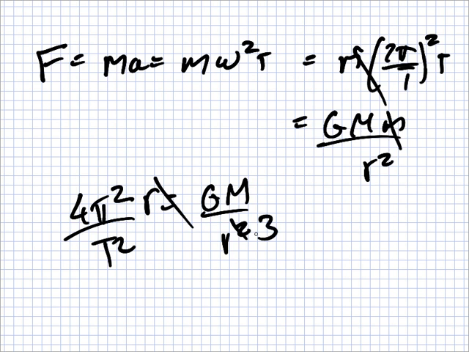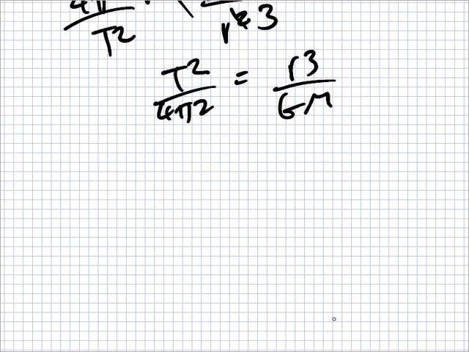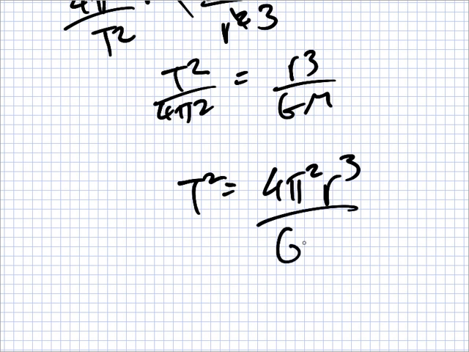That comes down, flip both sides. T squared over 4 pi squared equals R cubed over GM. So Kepler's law is T squared equals 4 pi squared R cubed over GM.